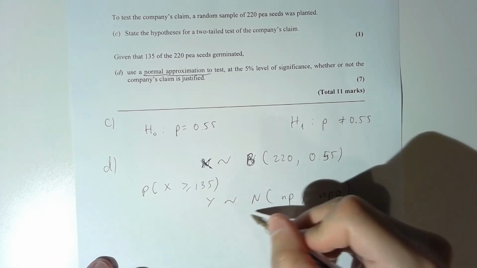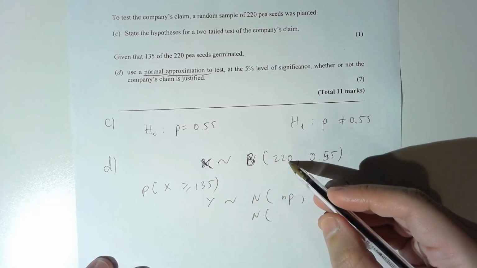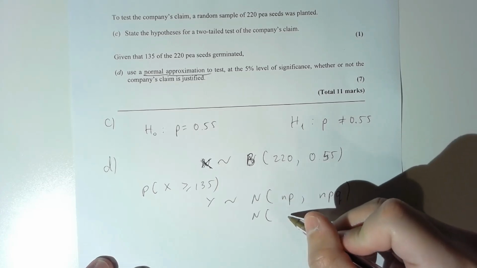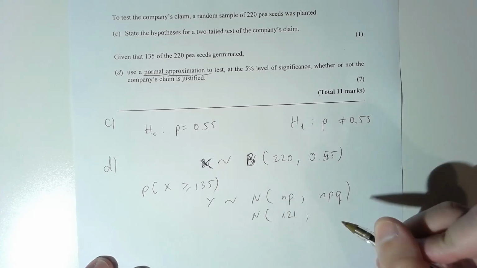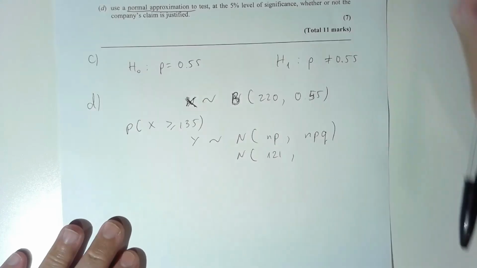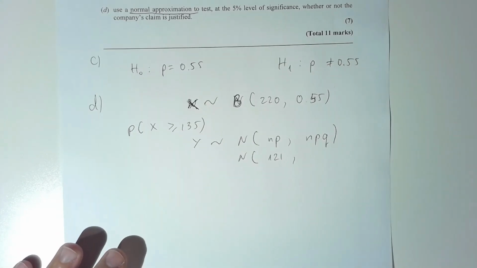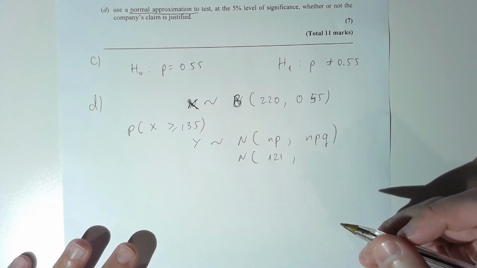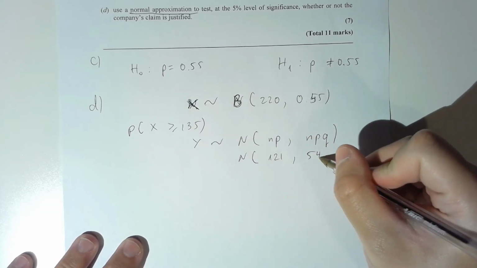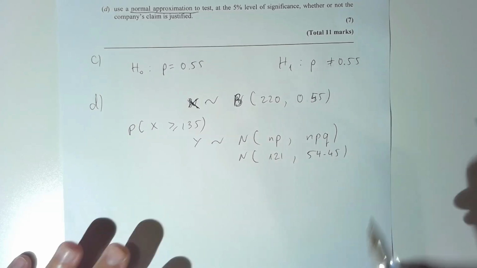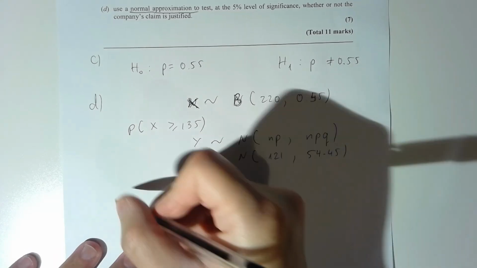Okay, so we know that mean equal to 220 times by 0.55 give me 121, and npq, which you times by 0.45 after that, and you should be able to get the value is 54.45. That's variance.